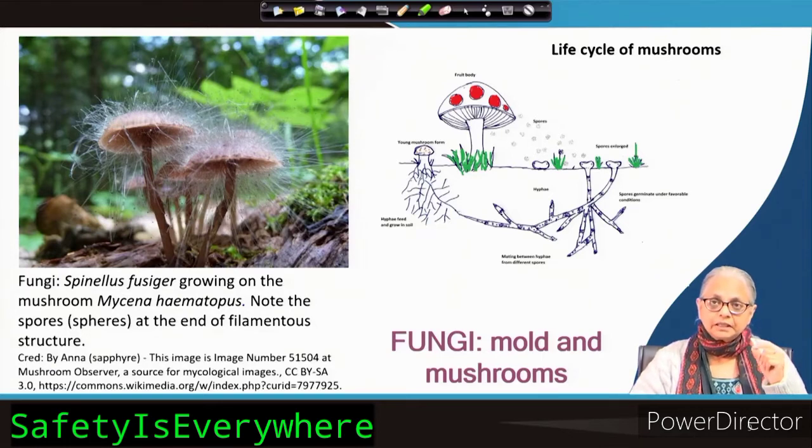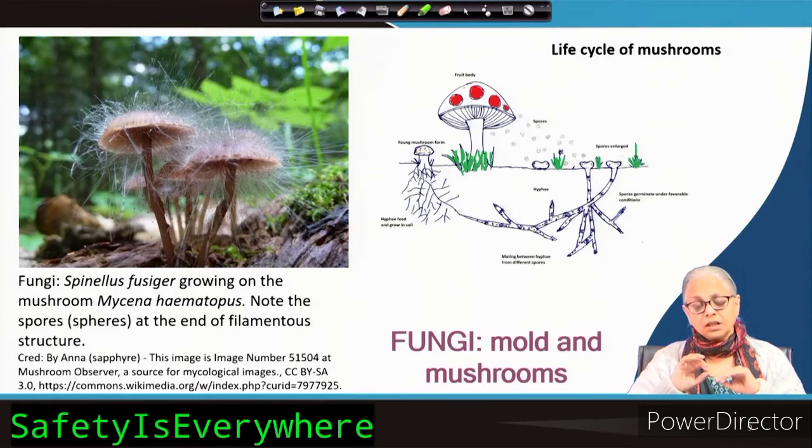And one of the key characteristics of fungi is that they secrete acids into the environment where they are, and these acids eat into the substratum. So as they form these root-like structures, the hyphae are the root-like structures that the fungi form and attach themselves to whatever substrate they are on.